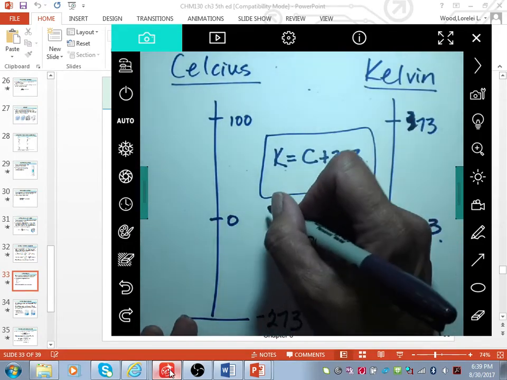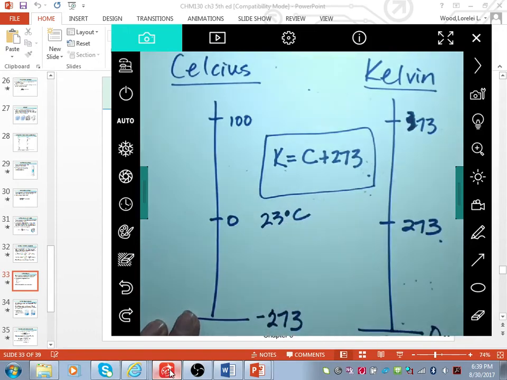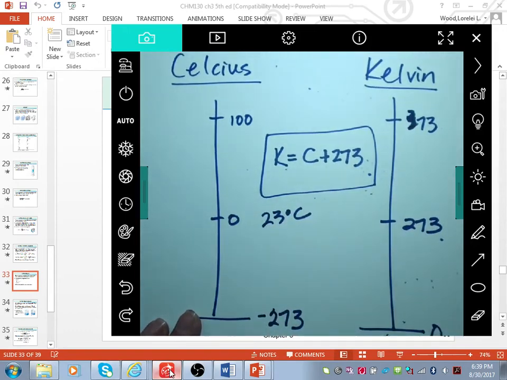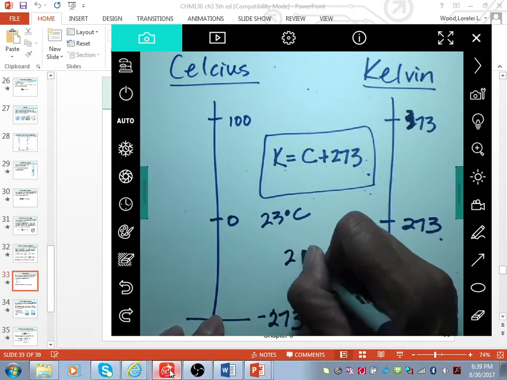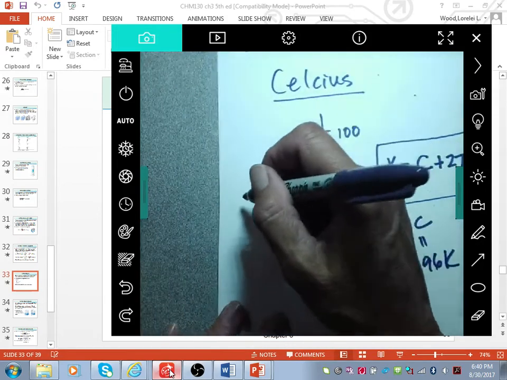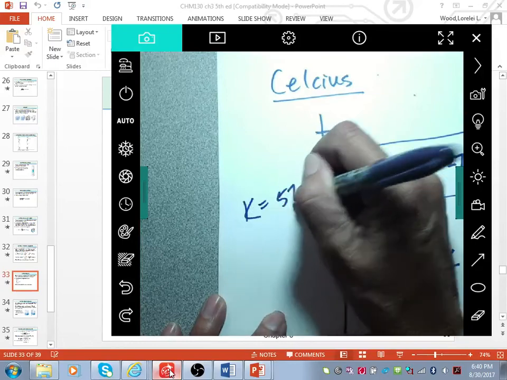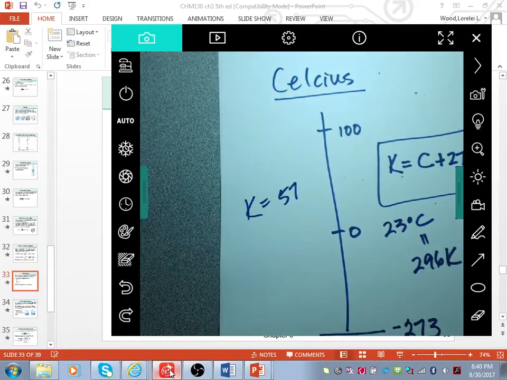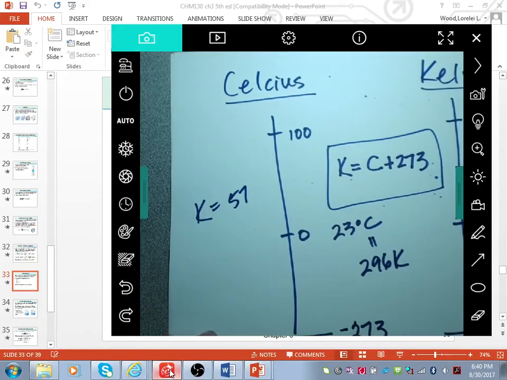All right, so you'll have to use this temperature change frequently. Let's just practice one of those. I got a temperature of 23 degrees Celsius. What's that going to be in Kelvin? Oh, let's see, 273, 283, 293, 294, 295, 296, right? 296 Kelvin. See how it works? You just add 273 to the Celsius temperature. If I had a Kelvin temperature of 57, what's that going to be in Celsius?